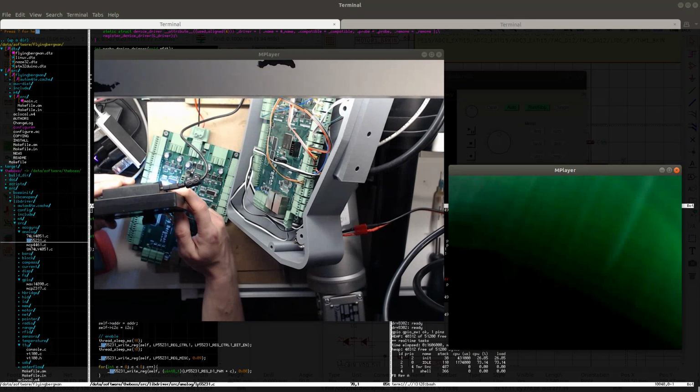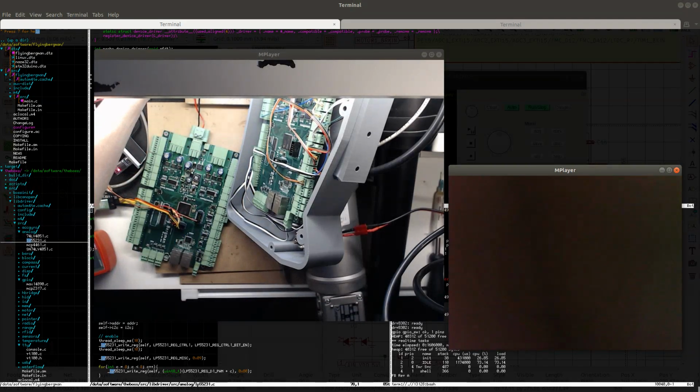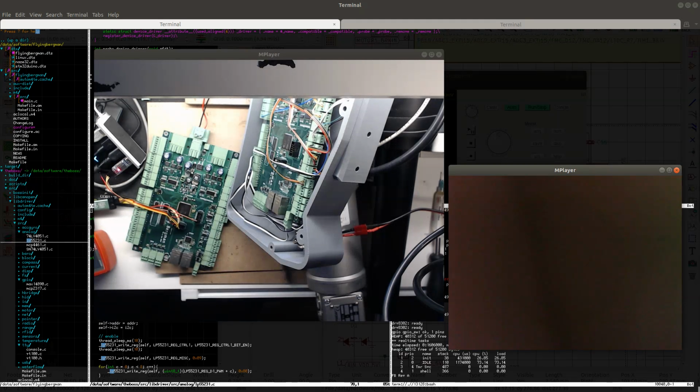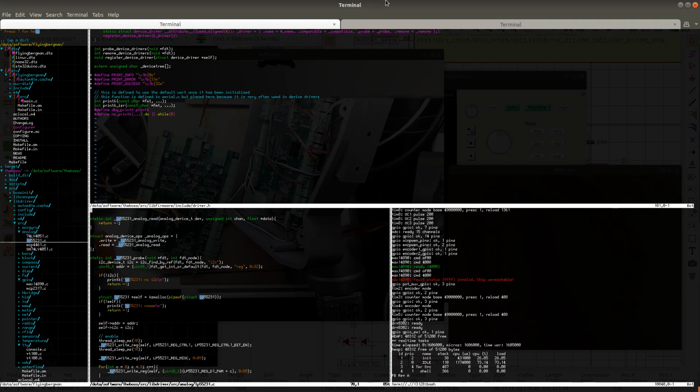It looks soldered, but that doesn't guarantee that it actually is soldered. Okay, it's time to see if this chip works. Nope, it doesn't work.